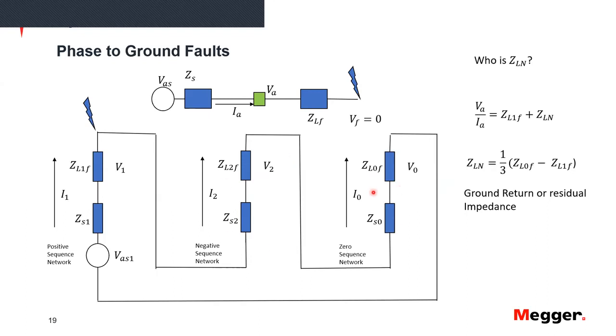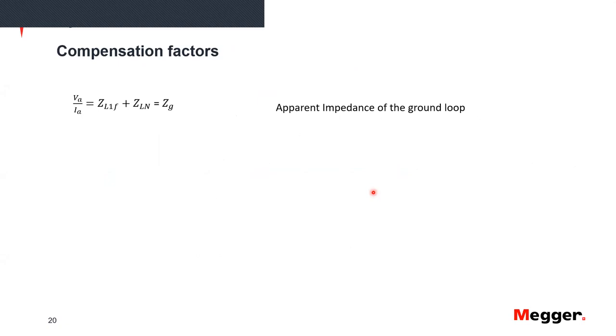Why is this important? Because in every relay out there, you see that for ground faults, as they are called, the phase to ground fault, I call them phase to ground faults, or in most of the literature, they call them ground faults, you have these compensation factors.